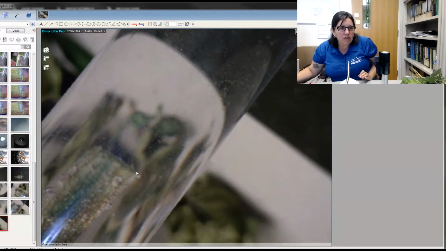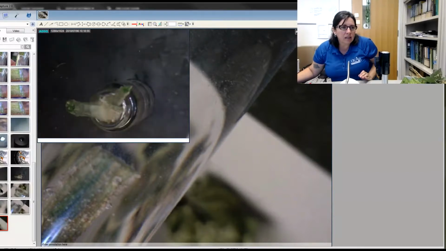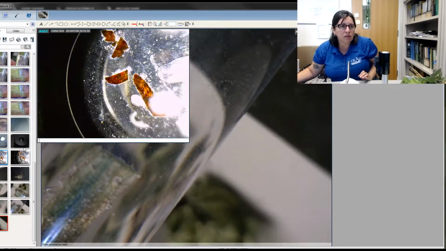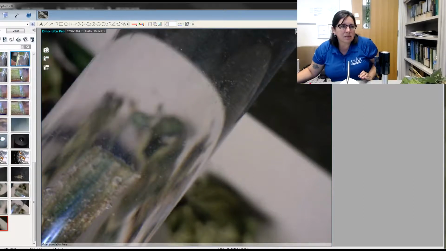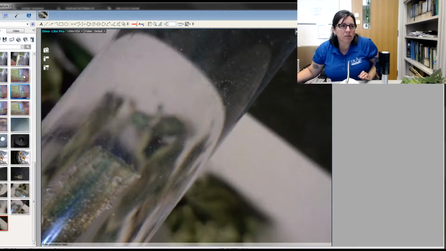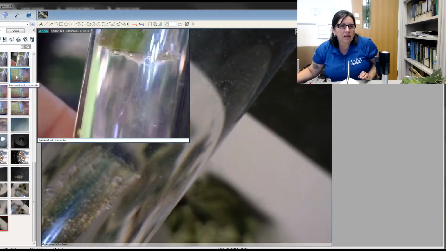So we are looking for the bacterial ooze coming out. This is what bacterial streaming will look like.